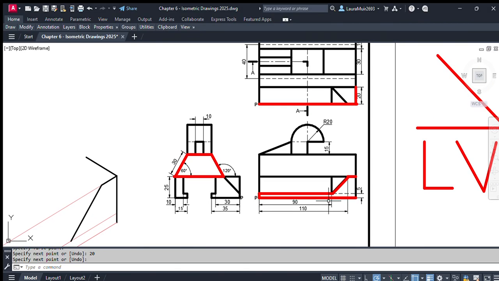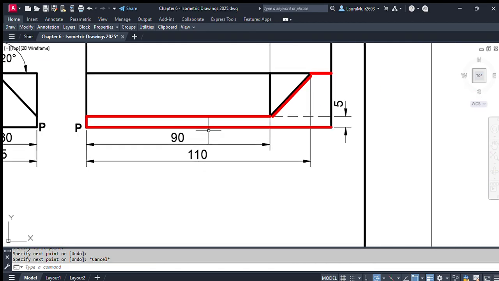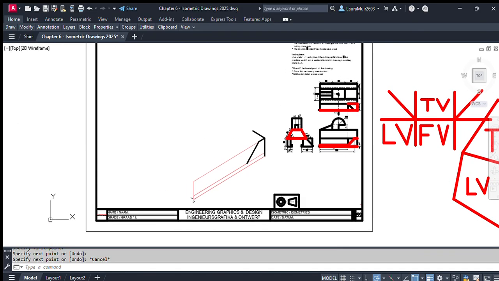And from down here, we've worked out that there is 30, because we've got 90 and 120.